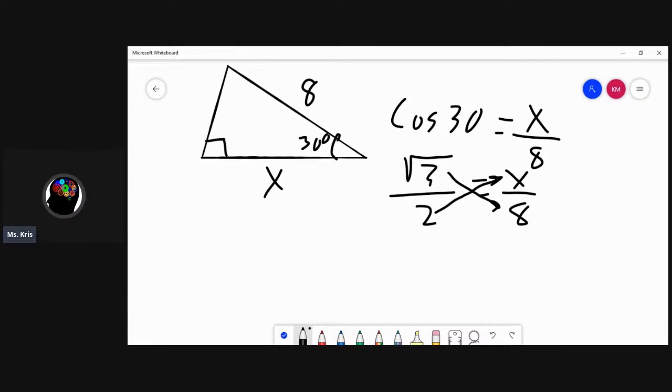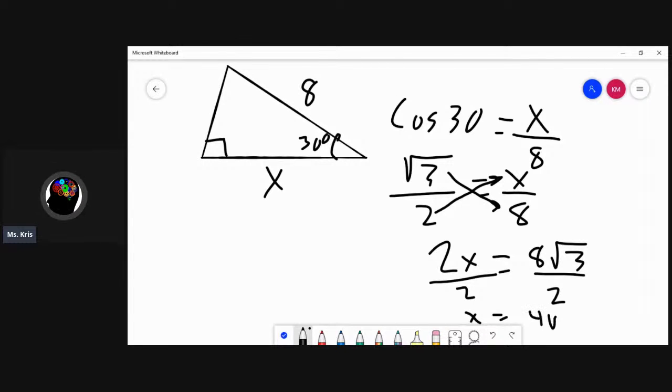So whenever you have proportions, we what? Cross multiply. So I multiply 2 to x, and that gives me 2x. I multiply 8 to square root of 3, and that's 8 square roots of 3. Then, of course, to solve, I divide on both sides, and x equals 8 divided by 2, 4 square roots of 3.